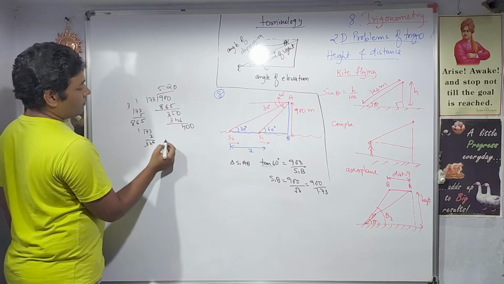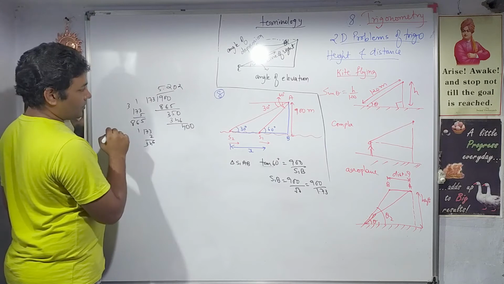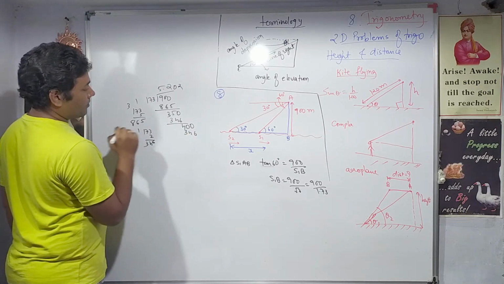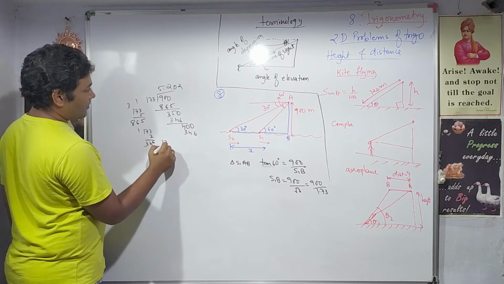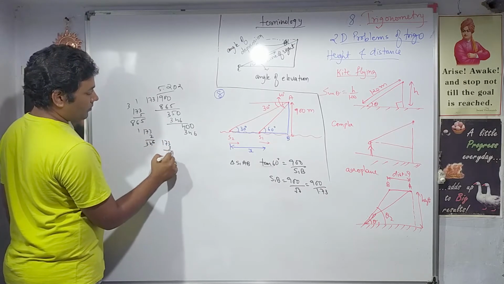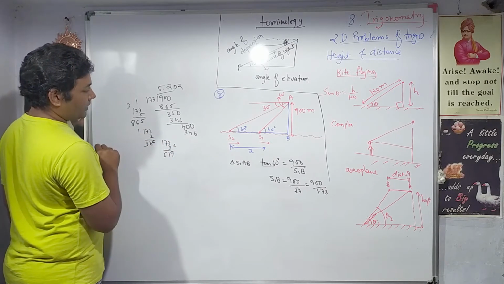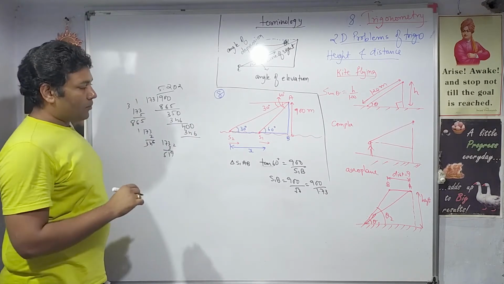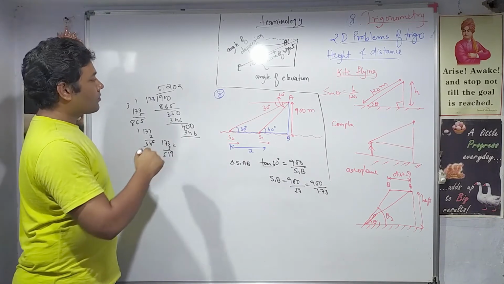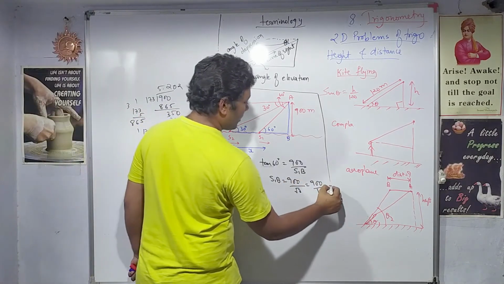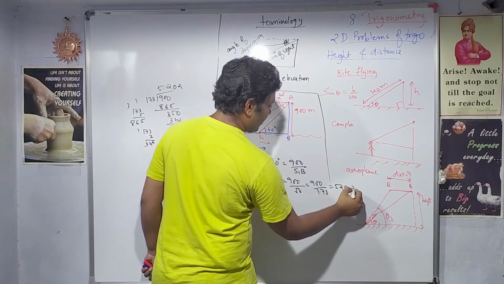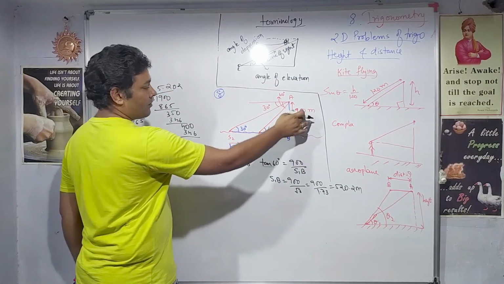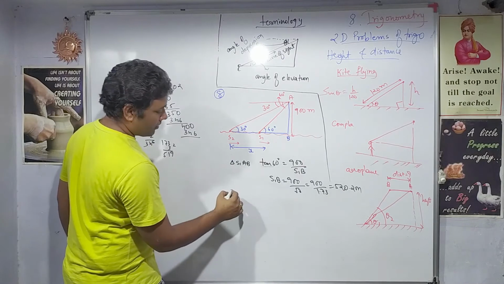So this will again go 2 times. 3 times it is not possible. So again 2 times it will go. So I'll take 5.202 and 100, so 520.2. So 520.2 meters. This is the distance S1B. Since this is in meter, this distance will also be in meters.